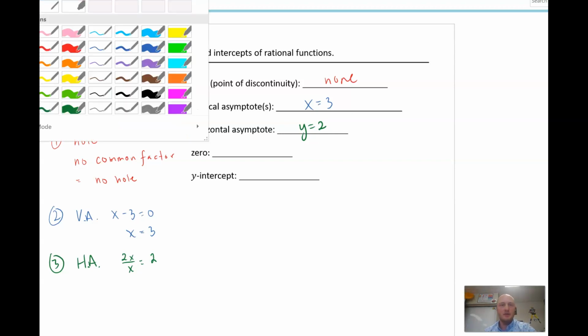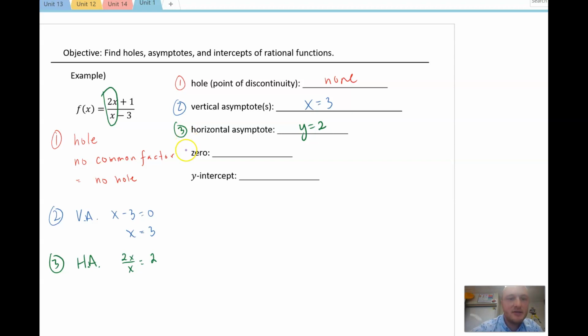All right. Next, step 4, our zeros. I'm going to set my y value, or f of x, equal to 0 and then solve. So (2x + 1) over (x - 3) equals 0.